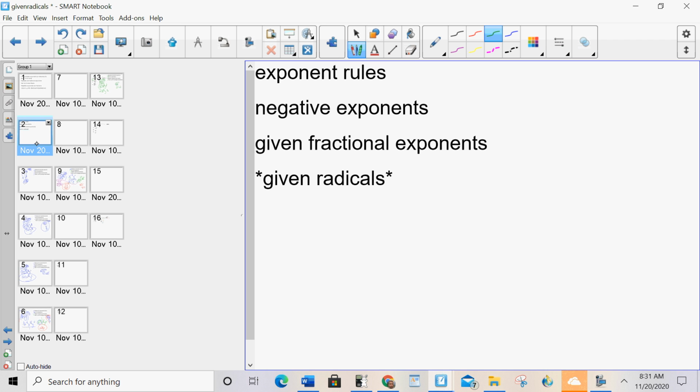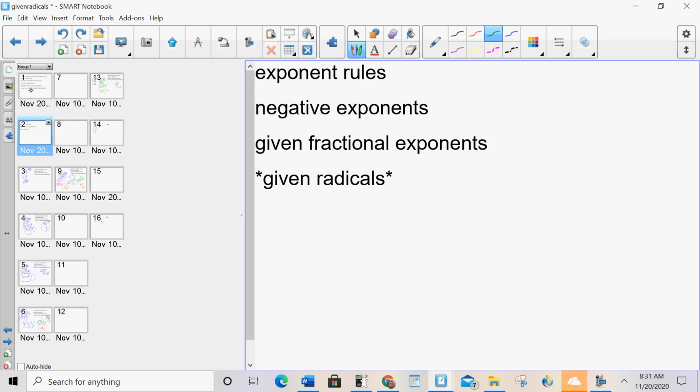Every Regents they ask usually 2 questions on this. It's also a fairly common SAT question. I wouldn't say it comes up on every Regents, on every SAT, but it comes up maybe about half of the time. So it's something you're going to see there. So it's a very important lesson. Spend the time, practice it, make sure you can do everything that came before it, make sure you can do this.